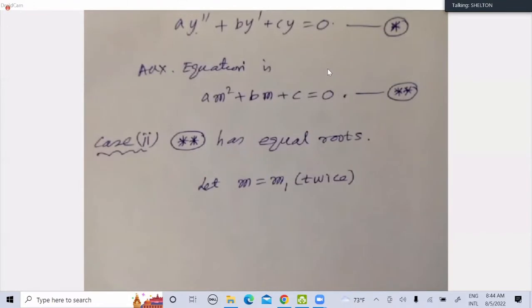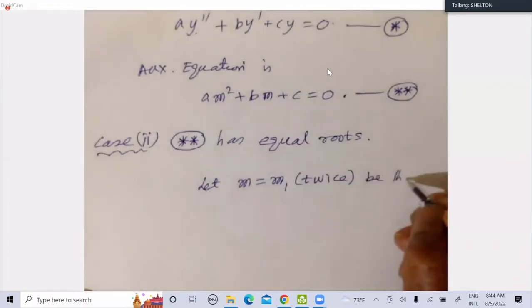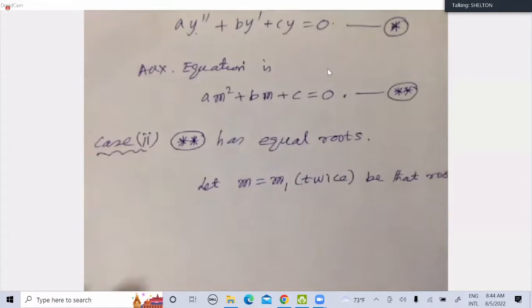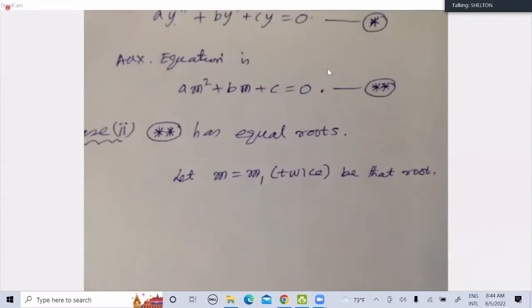In the equal roots case, let that equal root be m1, meaning the quadratic equation must have equal roots.